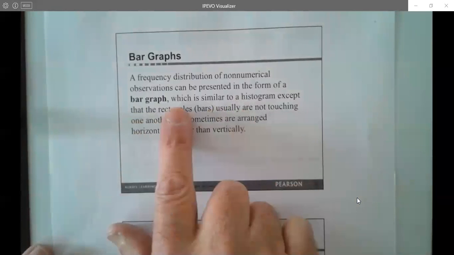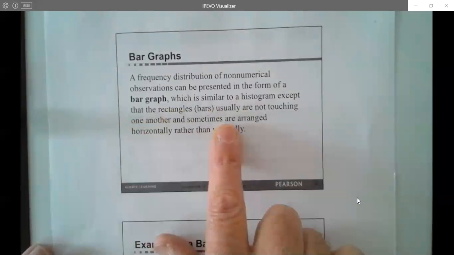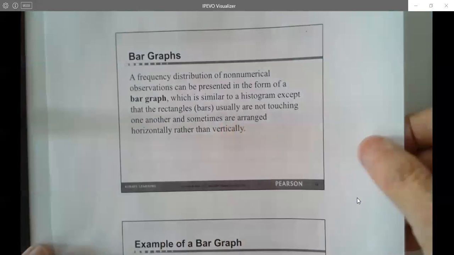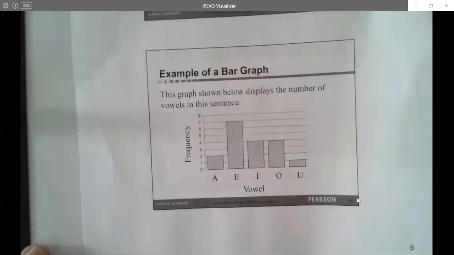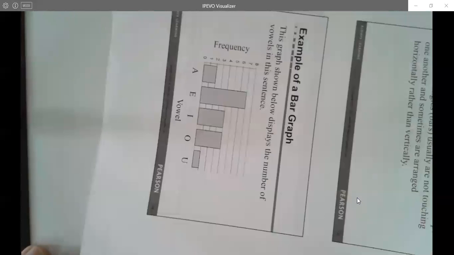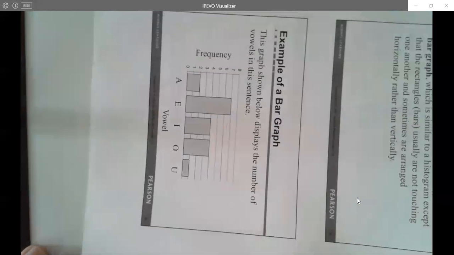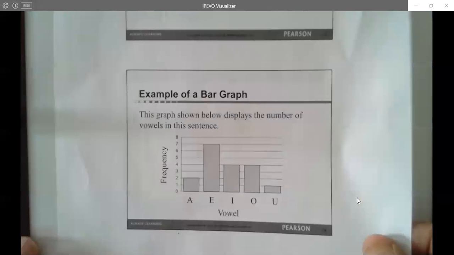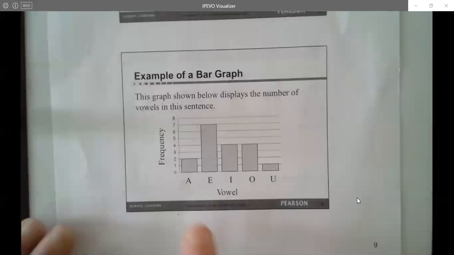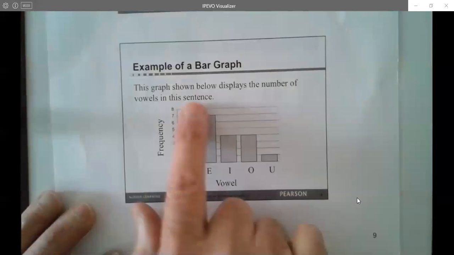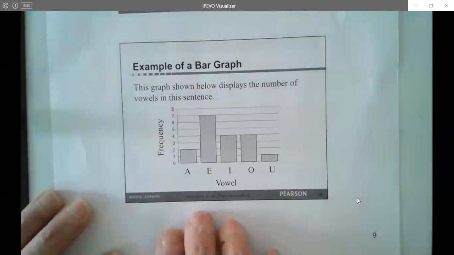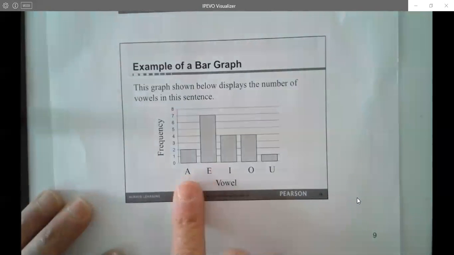The rectangles are usually not touching, and they can be arranged either vertically or horizontally. Here, the graph shows the number of vowels in a particular sentence.